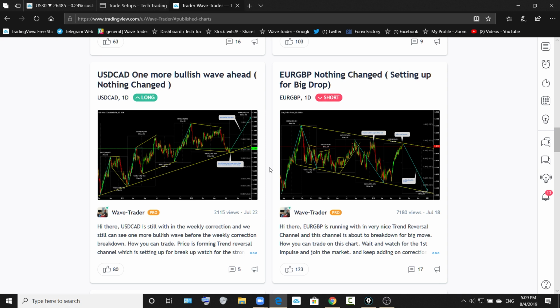It depends how other currencies behave. Some currencies are weaker, some are stronger, and when you look at setups on these two currencies, you're going to see big movements.